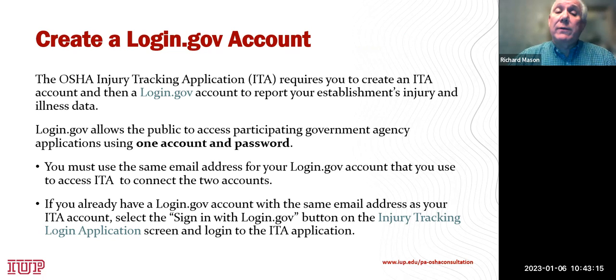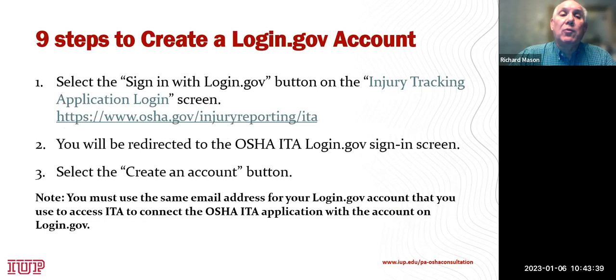So you may already have one of these accounts. You must use the same email address for your login.gov account that you use to access the ITA now through OSHA to connect the two accounts. If you already have a login.gov account with the same email address, select the sign in with login.gov on the injury tracking login application screen. So it's really quite simple.